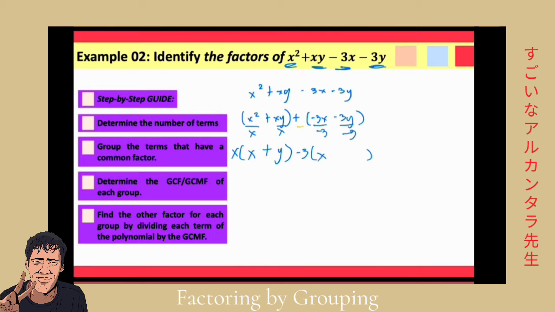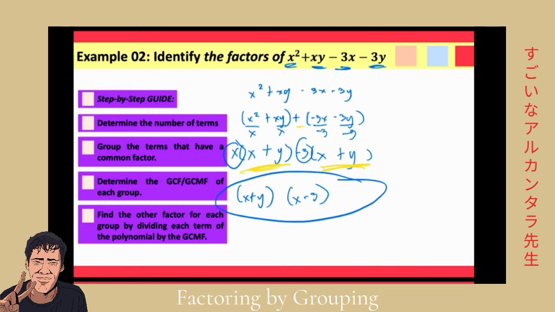You'll have positive x and you'll have positive y. Remember, when you're dividing terms of the same sign, the answer will always be positive. So here, same case, factor it out, x plus y, then you'll have your GCF, x minus 3. So this is your final answer for this given.